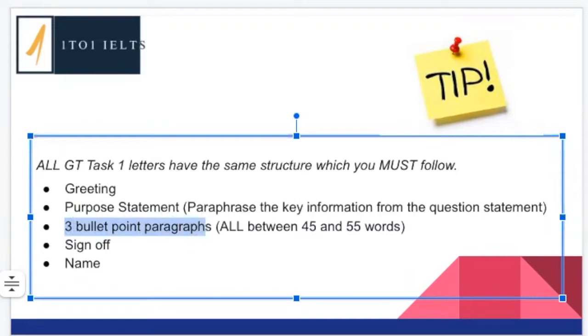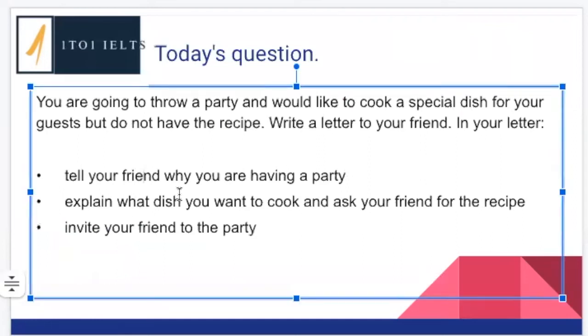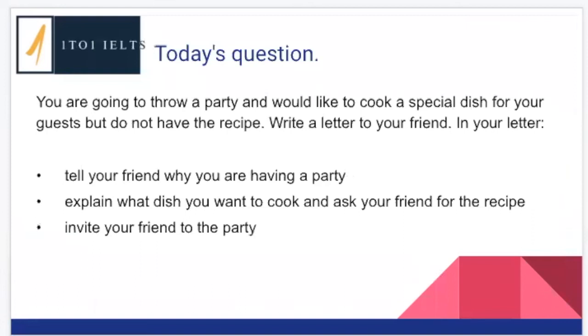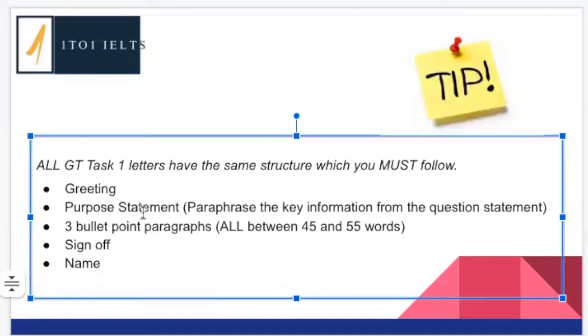And if you have a look, I'll quickly show you in a question. So these are the bullet point paragraphs. They are answering these, what we call bullet points. Okay, so we're going to have a paragraph for each of these. A paragraph for each of the bullet points, a purpose statement, a greeting, a sign-off, and your name.